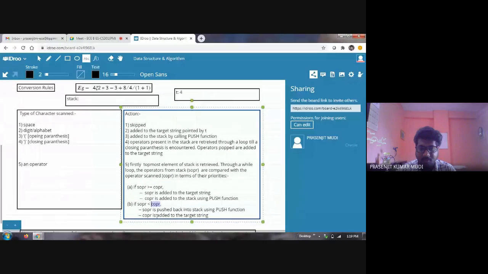An operator, firstly the topmost element of the stack is retrieved through a while loop. Okay, let me check once again. SOPR, COPR. SOPR is added to the target string, COPR added to the stack. Wait a second, let me check this.